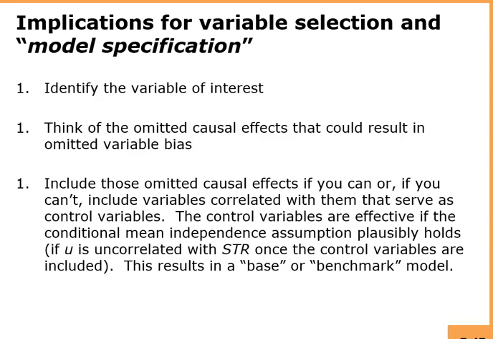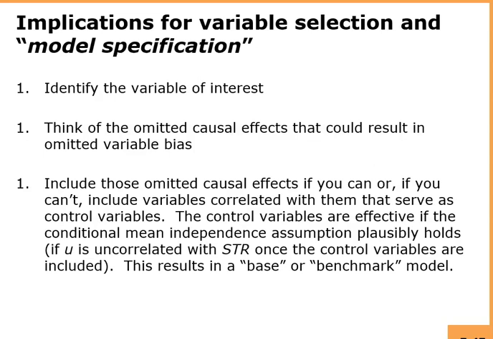The control variables are effective if the conditional mean independence assumption holds, meaning that u is uncorrelated with the variable of interest, in our example the student-teacher ratio, once the control variables are included.